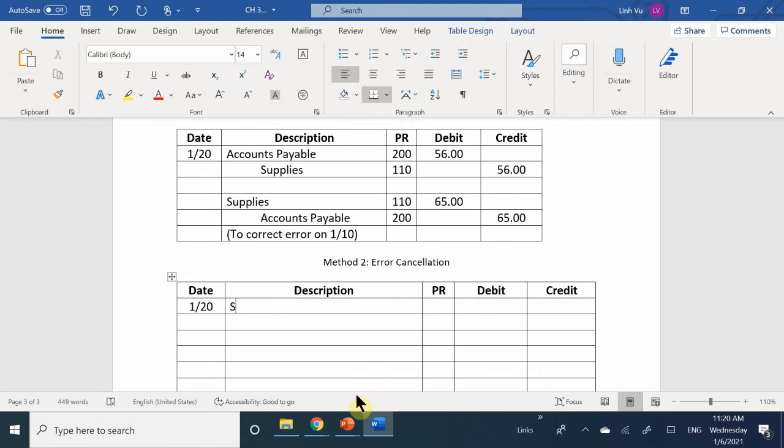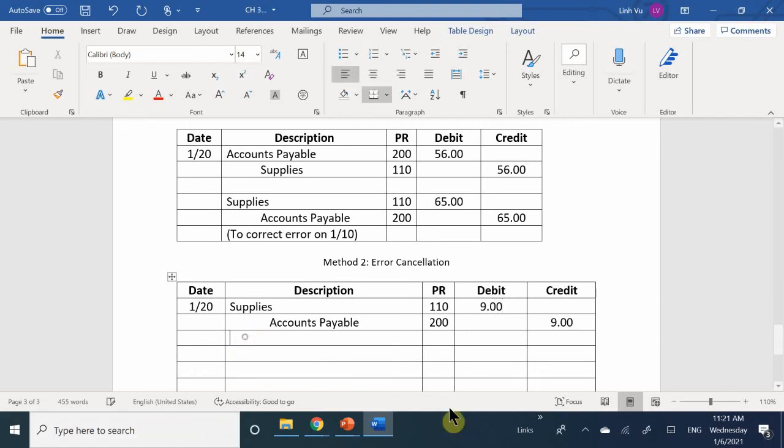So that means my supplies, I need to add more supplies and I need to add more to my accounts payable. Now, how much do I need to add this by? $9. Yes. So this is the exact example I used in the actual PowerPoint.